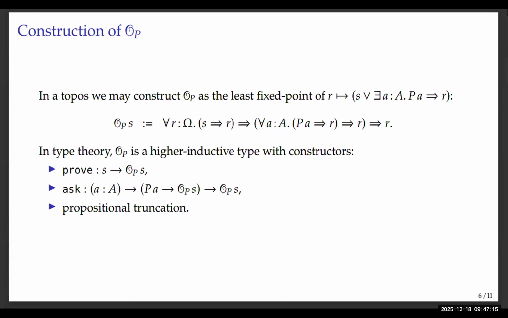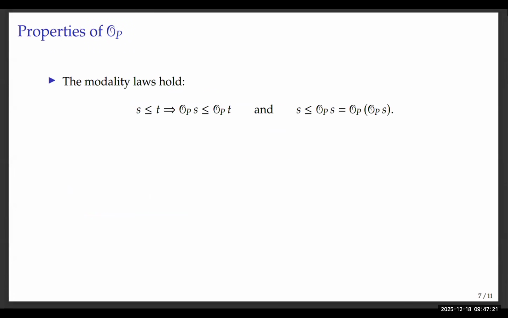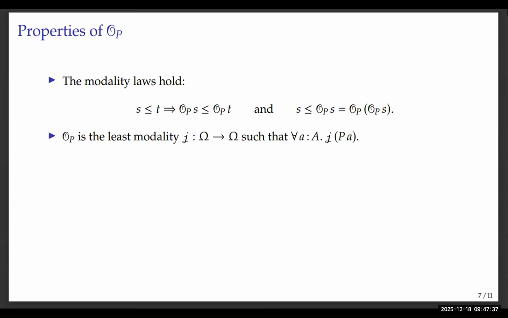So these are the two ways that you could define such an oracle modality. Now, what are some of its properties? So first of all, you have to check that it really is a modality, by which I mean it's a monad on propositions. So it has to satisfy the usual laws. It's monotone, inflationary, and idempotent. So that's an exercise.